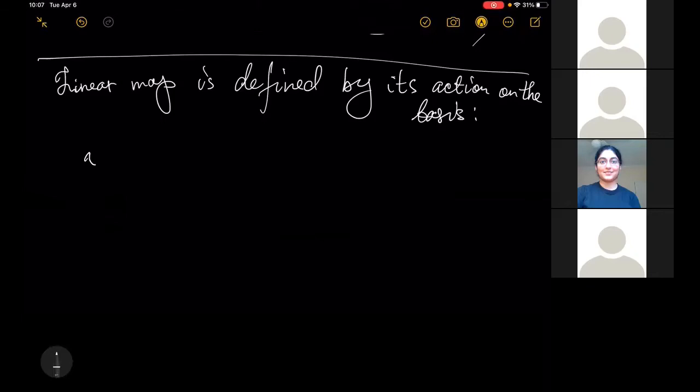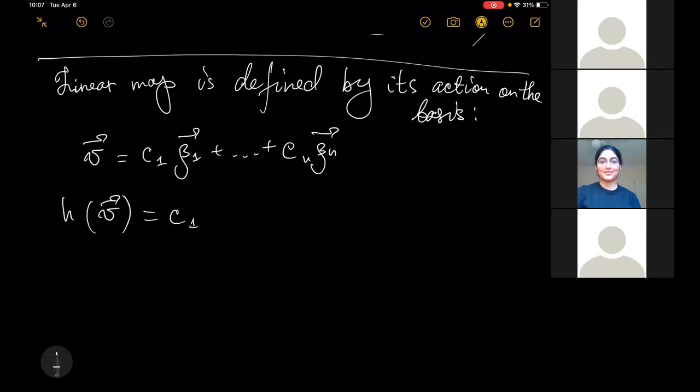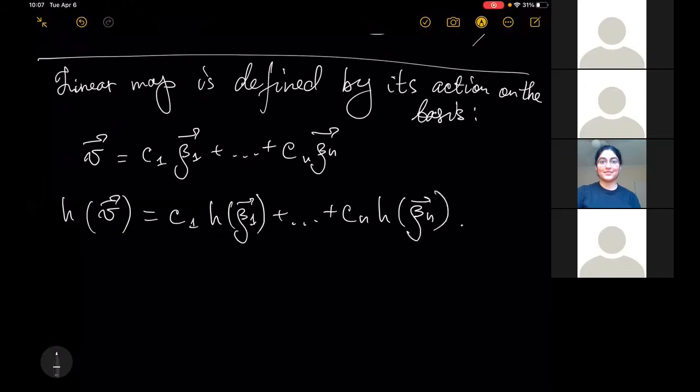If we start from V, which is represented with respect to some basis, and we apply the homomorphism to V using linearity, we get this.